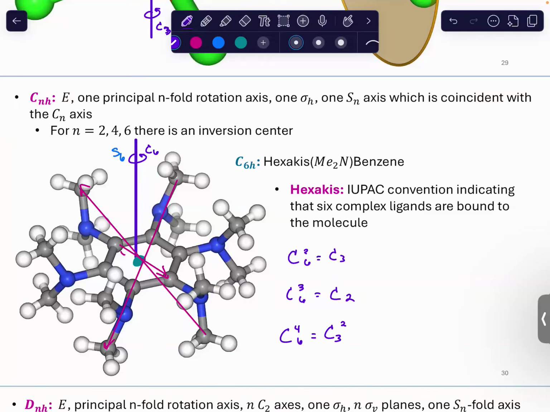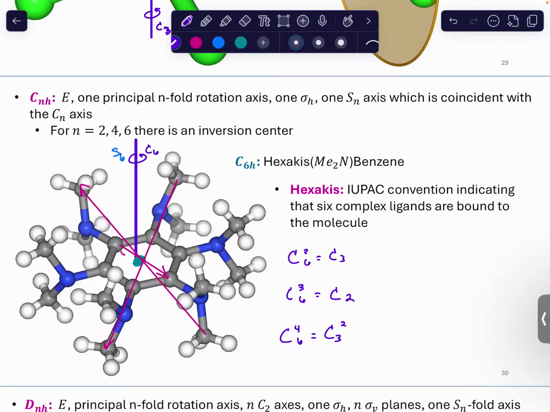So there's your S axis. And of course, this is your C6H. Here's your S6. It just rotates once and then reflects. And then your sigma H. There it is. It's harder to see on a molecule like this, but after you actually see the symmetry elements placed, you can pick them out better.